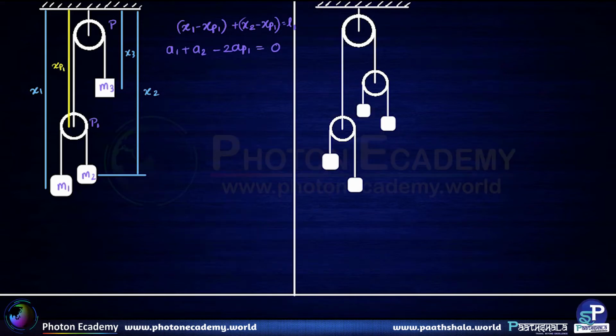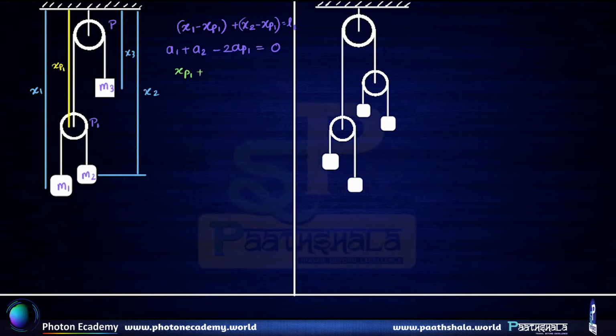Now for the string 2, we can understand that this is nothing but xp1 and this is x3. So we can simply write down for the string 2, xp1 plus x3 happens to be a constant, L2, let's say, the length of string 2.